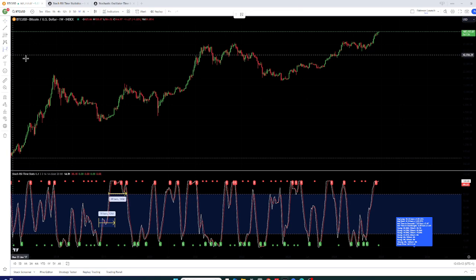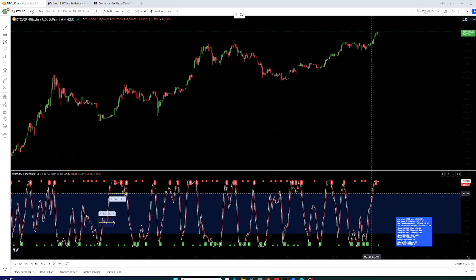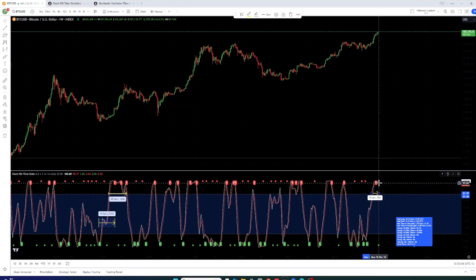So if we take it from the last entry point, which we had over here in mid-October, and measure out the average time in the oversold region, it's 7, let's call it 8 bars. We could expect the oscillator to depart this on the current period.